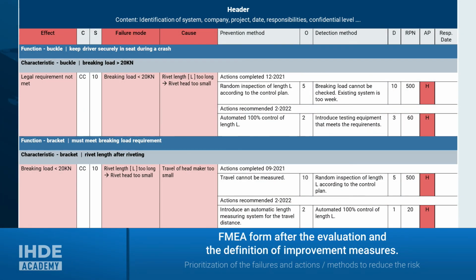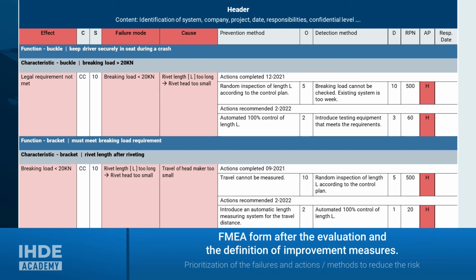This form contains the first status of actions taken in 2021. Taking these statuses of measures into account, the evaluations resulted in a risk priority number of 500 each. By establishing better prevention measures and more effective detection methods, the rating in both categories could be further reduced.